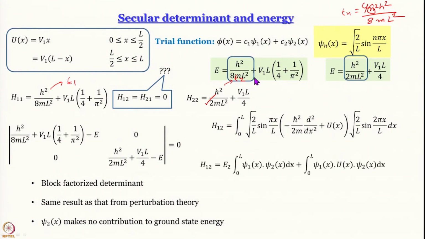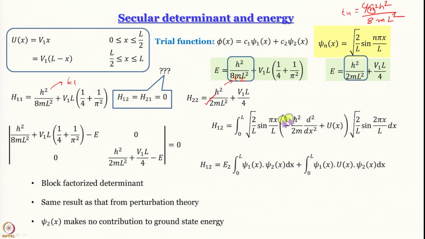Of course, we can break it down into two terms, and in the first term, what do I have? I have psi 1, then the unperturbed Hamiltonian operating on psi 2, not psi 1. I am not talking about H11 anymore, I am talking about H12.